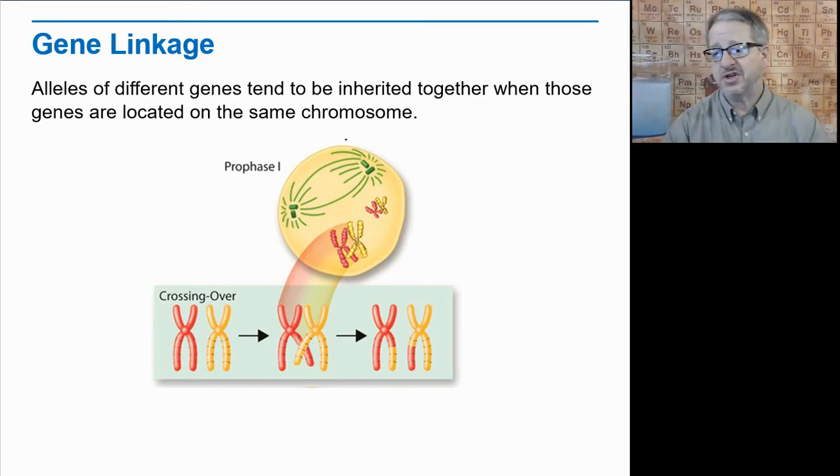Well, researcher Thomas Hunt Morgan back in 1910, so really only about 110 years ago, considered the question of whether genes on the same chromosome are generally inherited together. So he studied the genes of fruit flies. Of course, we had the technology available to do that at that point. And what he found was that many genes were linked in a way that seemed to violate independent assortment.